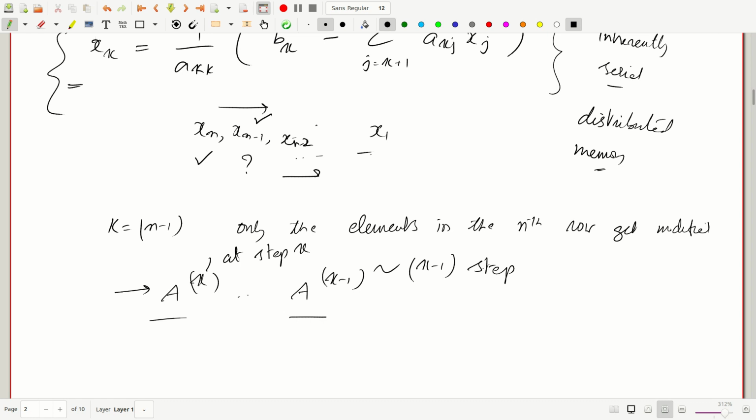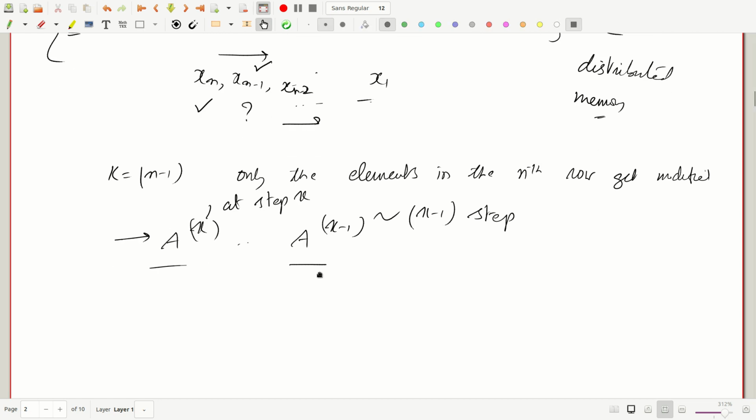Because only the elements below that particular iteration or step are modified, A^k and A^(k minus 1) at any k will have the first k minus 1 rows identical. Of course, here I am talking about two different A's, but in the implementation you just have a single matrix A.